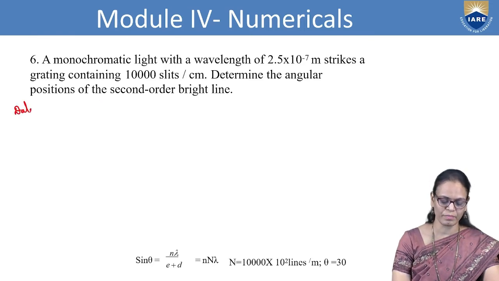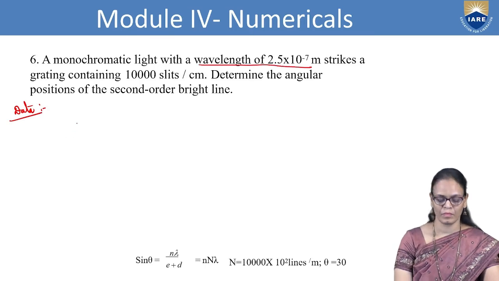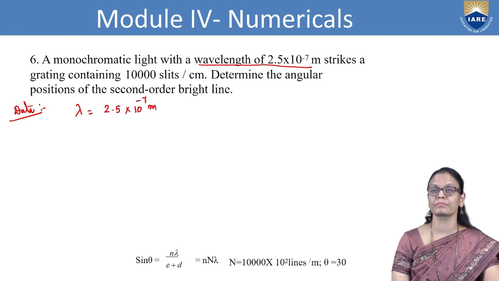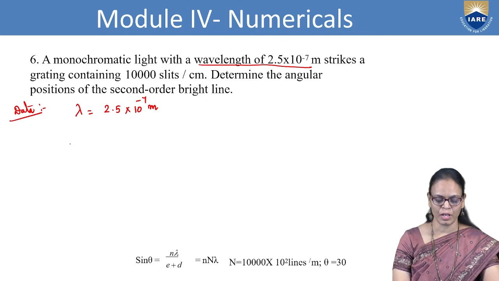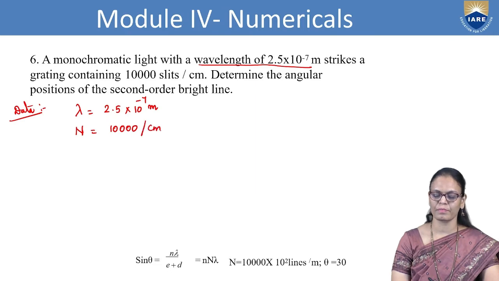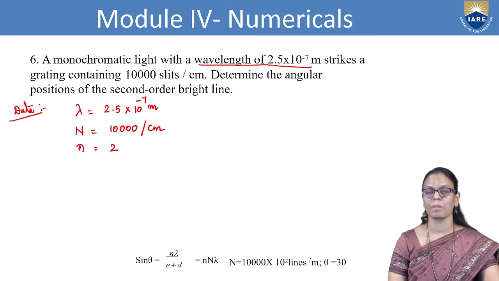So write the data. First is wavelength given. Lambda is equal to 2.5 into 10 power minus 7 meter. Number of lines on the grating is 10,000 per centimeter. Order given is 2.